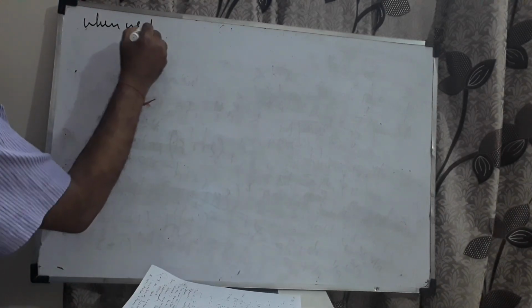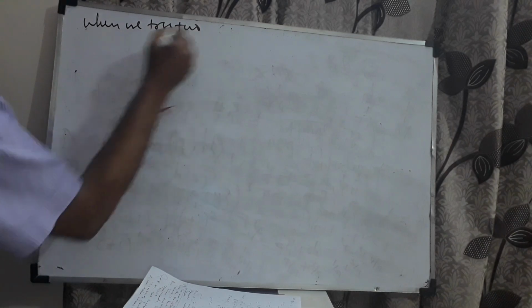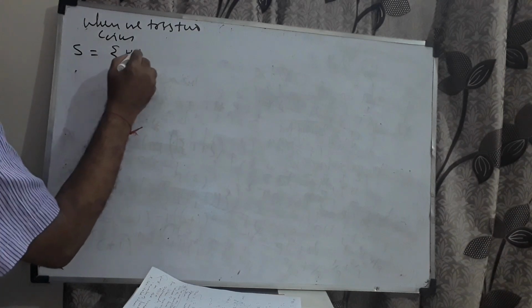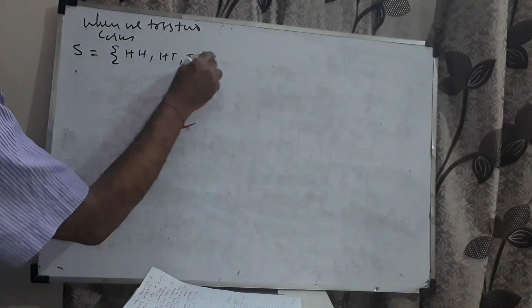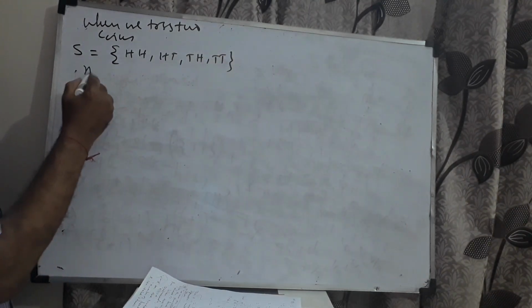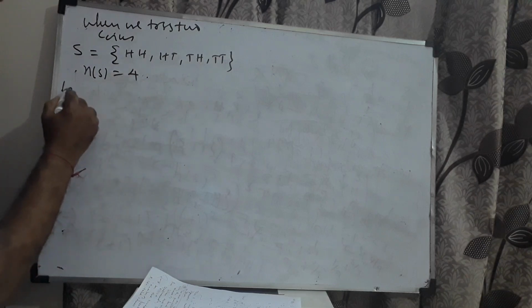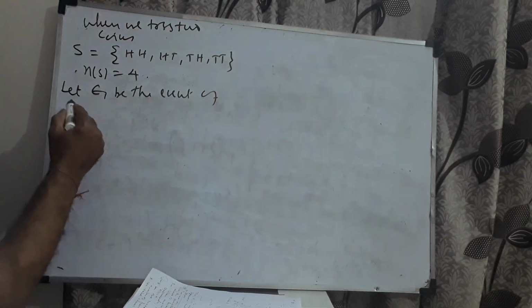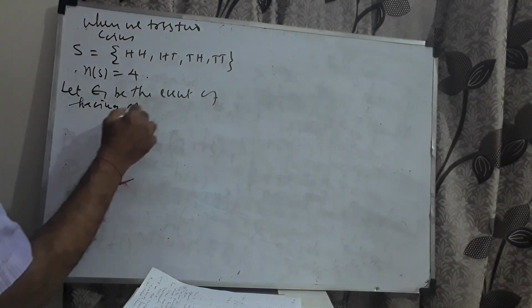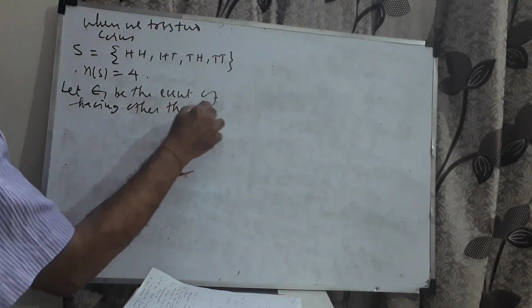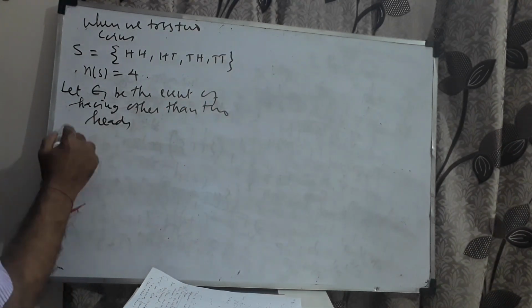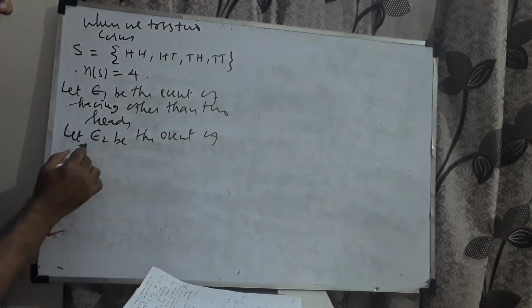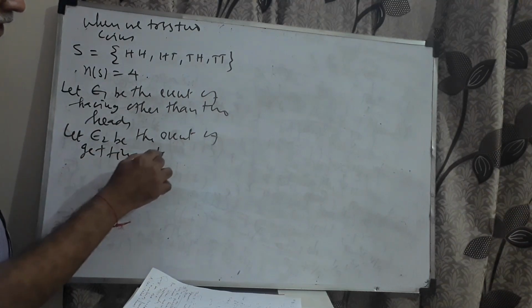When we toss 2 coins, S is equal to the sample space HH, HT, TH, TT. Now let N of S be equal to 4. Let E1 be the event of having other than 2 heads. Let E2 be the event of getting 2 heads.